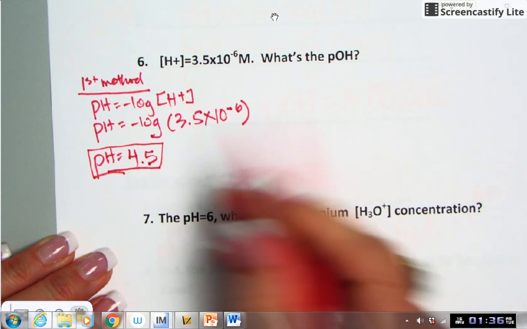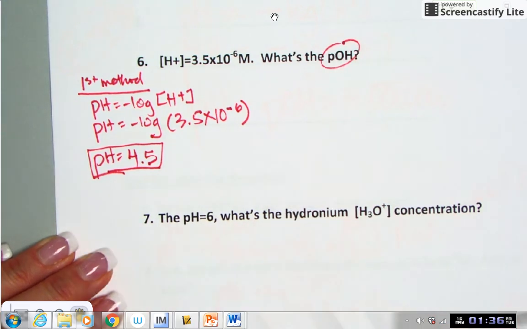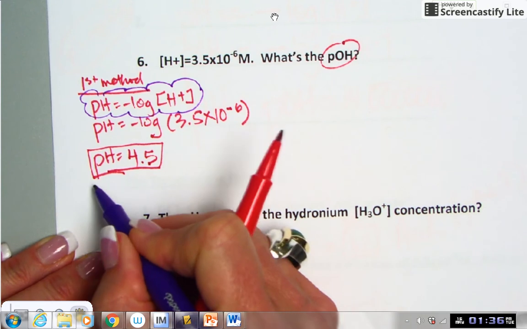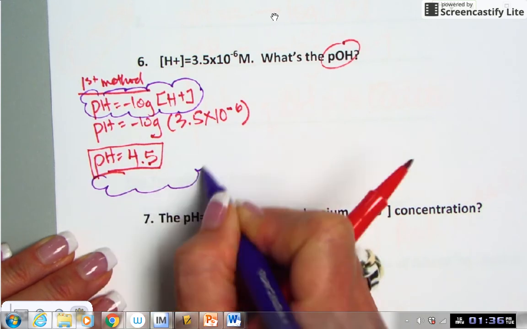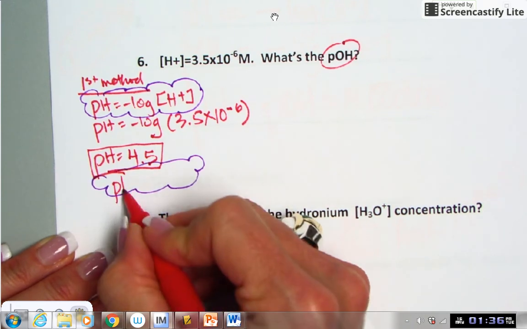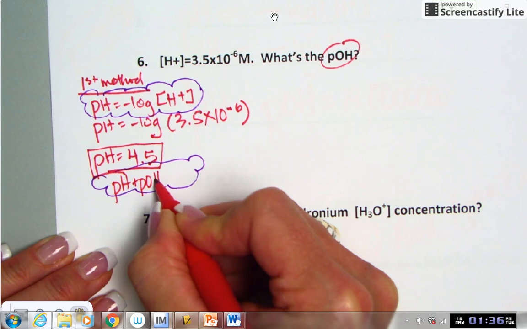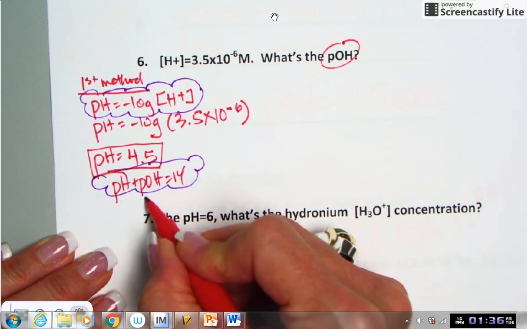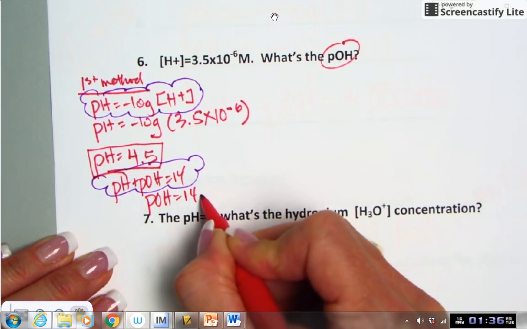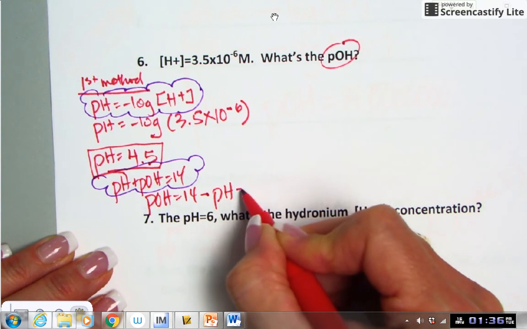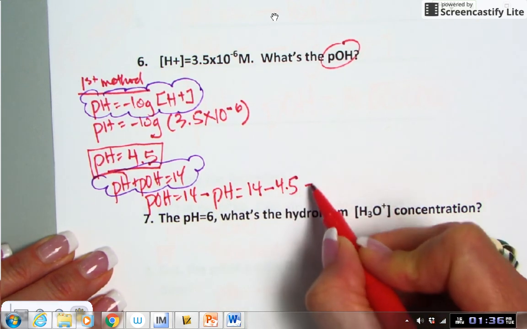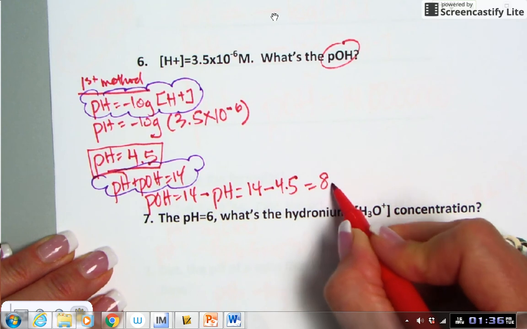So now we've got the pH, and since we're wanting the pOH, I'm going to highlight my formulas so you can separate them out. The next formula we're going to use is pH plus pOH equals 14. So pOH is equal to 14 minus the pH. So it's going to be 14 minus 4.5, and that's going to give us 8.5.